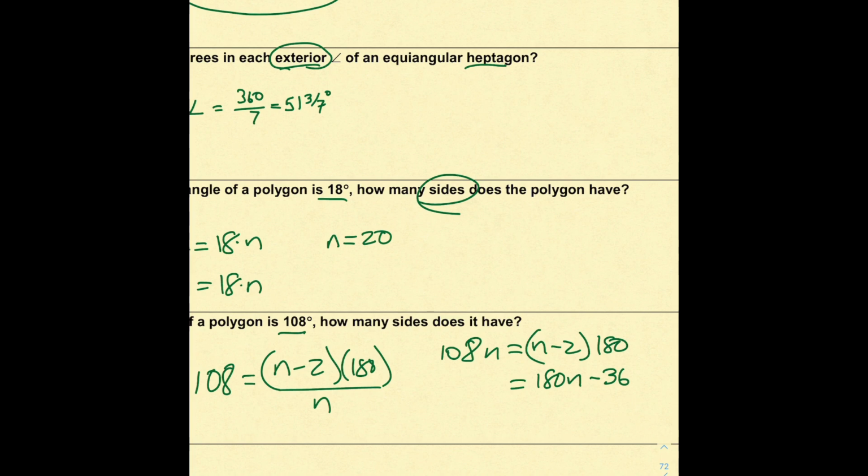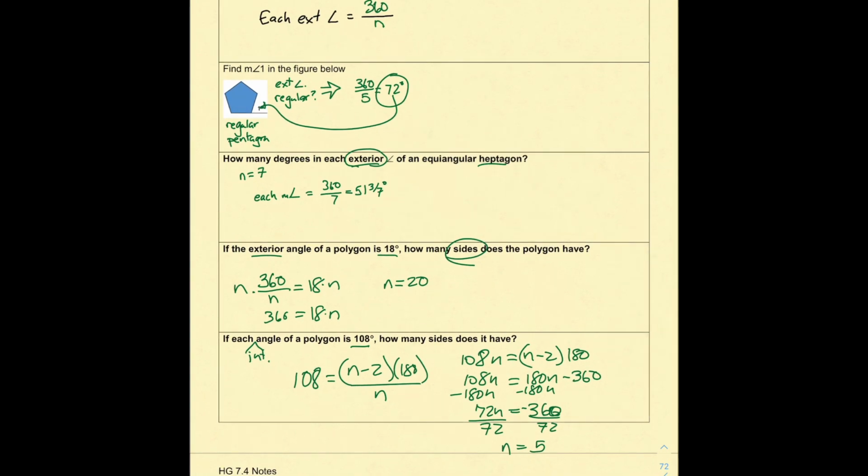Distributing that, we get 180n minus 360. Now subtract the 180n from both sides, and we end up with negative 72n is equal to negative 360. I'm going to divide by negative 72 and get n equals 5. Therefore, it looks like we have a pentagon. I think it said how many sides, so 5 would be your answer.